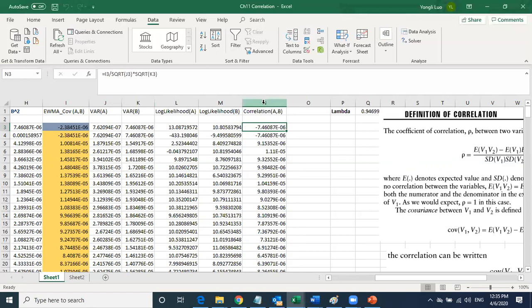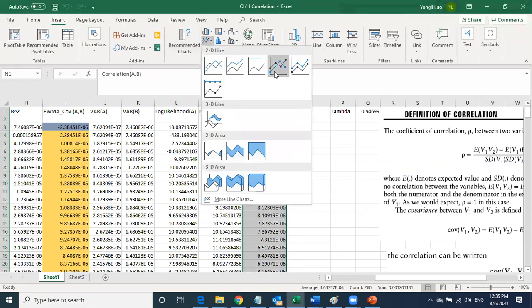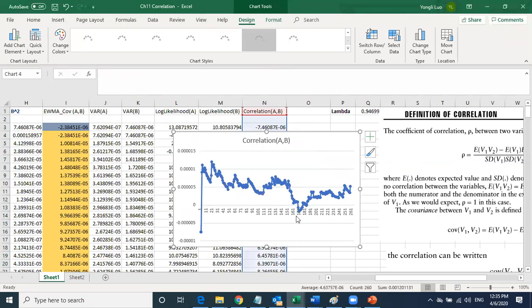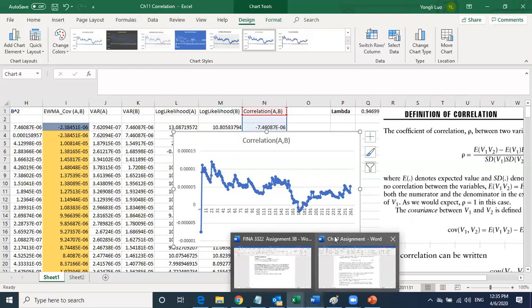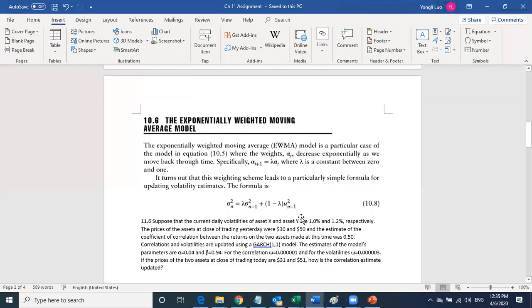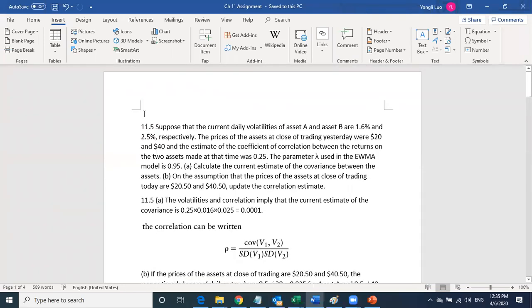So you get a correlation, and you can insert a graph. You see the dynamic correlation between the Australian dollar and the euro. Okay, so that's the correlation graph. And I wanted to show you one more thing. We work on question 11.5.